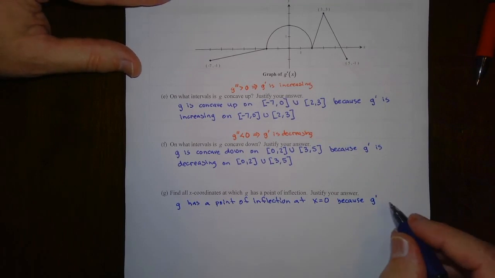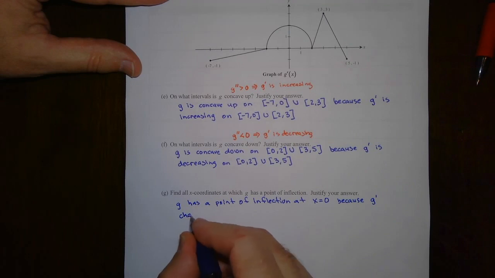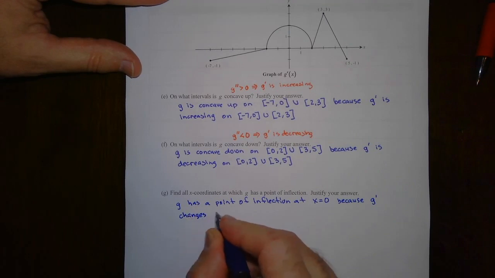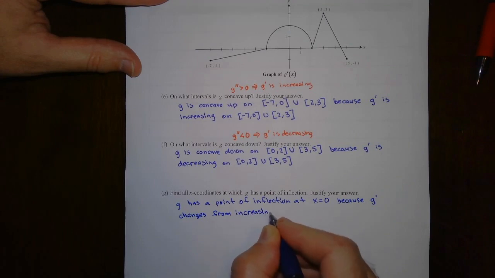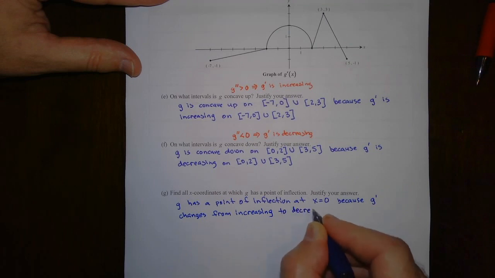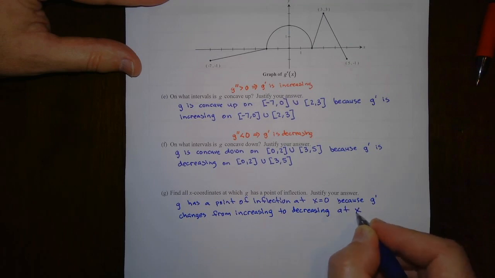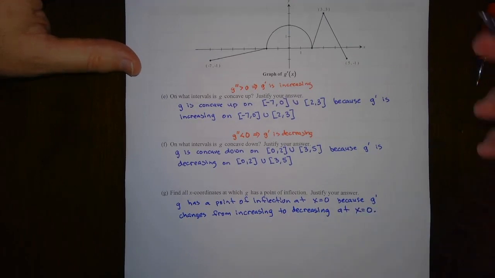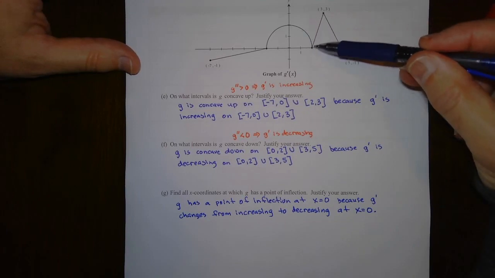And it's because g prime changes from increasing to decreasing at x equals 0. And then there's another one because now we're changing from decreasing to increasing at x equals 2.